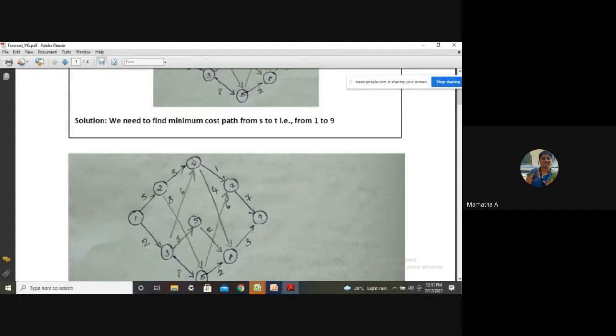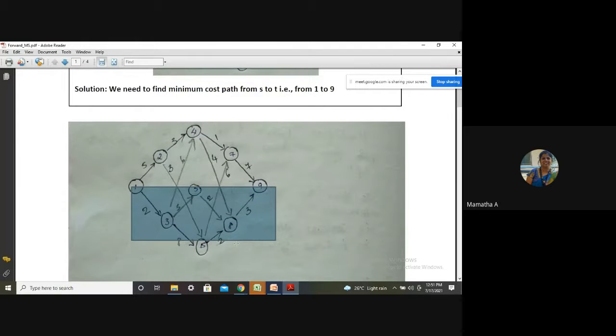So this is the path: 1 to 3, 3 to 5, 5 to 8, and then 8 to 9. Can you observe? 2 plus 5 plus 2 plus 3 is equal to 12. Are you all understanding?